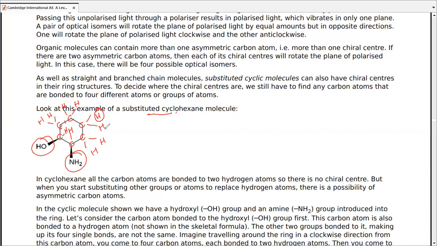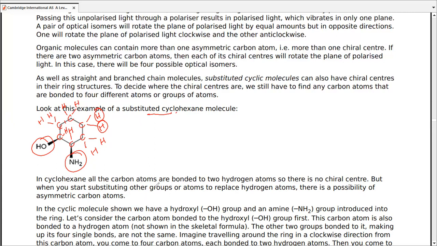Because same atom, same atom. Now, this is a huge hint for a lot of MCQ questions that you are going to face in AS. In paper one, they give you structures and they ask you to number the asymmetric carbon atoms, or what we call chiral centers or chiral carbons.